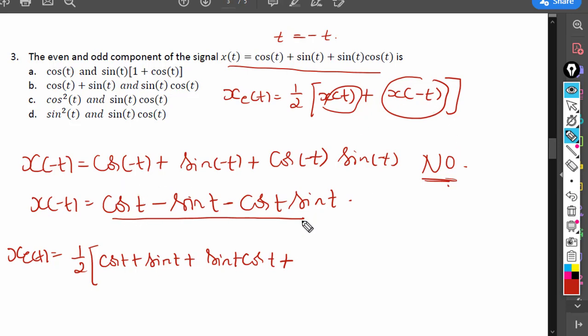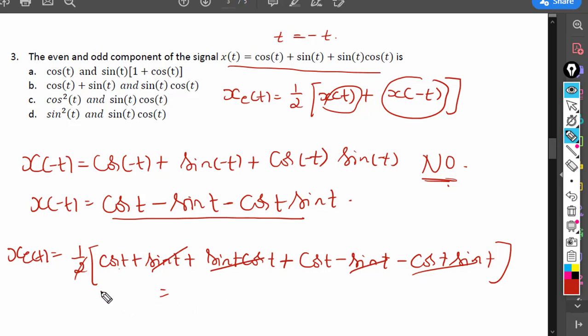The x of minus t equation is this, cos t minus sin t minus cos t sin t. So cos t sin t plus cos t sin t minus cancels out, plus sin t minus sin t cancels out. So I end up with cos t plus cos t, 2 times cos t, 2 times cos t by 2, the 2 cancels out. So what I get as the even function, x even of t, is equal to cos t.